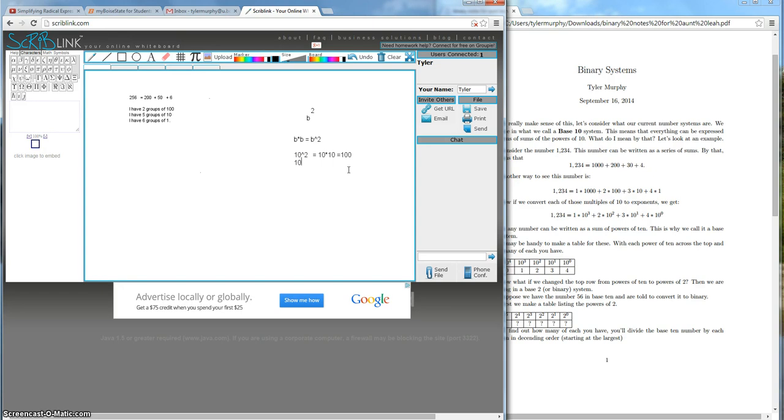So 10 to the 4th is going to have a 1 and then 4 zeros. 10 cubed will have 3 zeros. Or excuse me, I messed that one up. 4 zeros there. Three zeros.